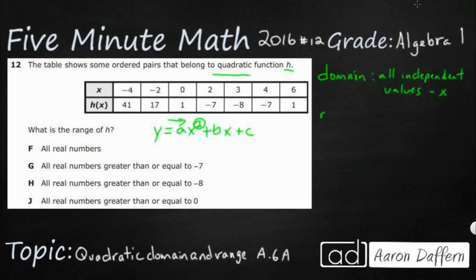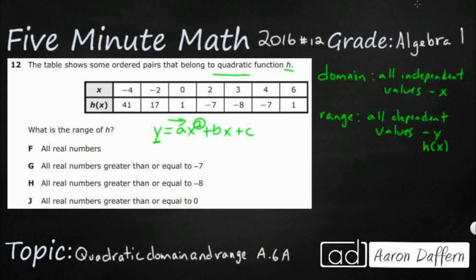And then we are looking for the range. So that's going to be all dependent values. Now sometimes they are the y values. If we're going to graph it, we are going to look at it on the y-axis, but in this case it's not even the y values, it's the h of x values, but they're the dependent values.